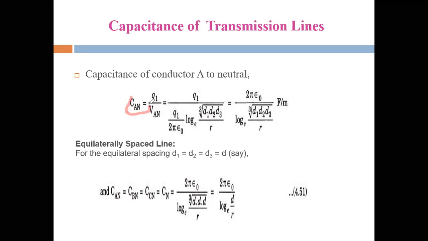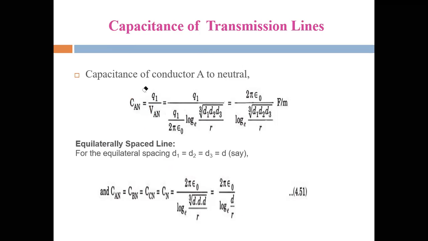CAN is equal to 2 pi epsilon naught by log E cubed root of D1, D2, D3 by R. Suppose we are taking symmetrical spacings in the question, then we obtain CAN is equal to 2 pi epsilon naught by log E D by R, for symmetrical spacing conductors.